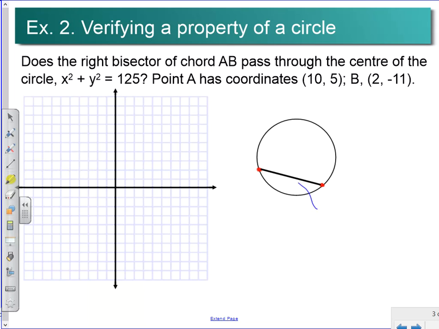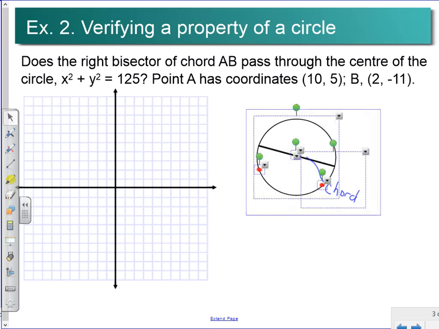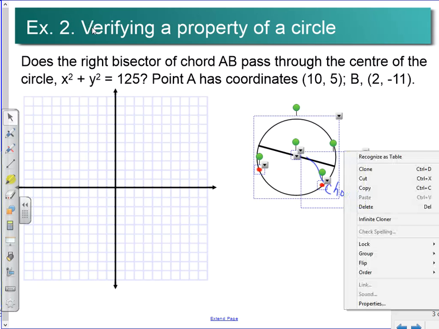Okay, so this is a chord. Now let's assume that the center of this circle happens to be here. The longest chord for a circle is none other than the diameter. So the diameter too is a chord, and it is the longest one for a circle. So a little background for you on circles and chords.